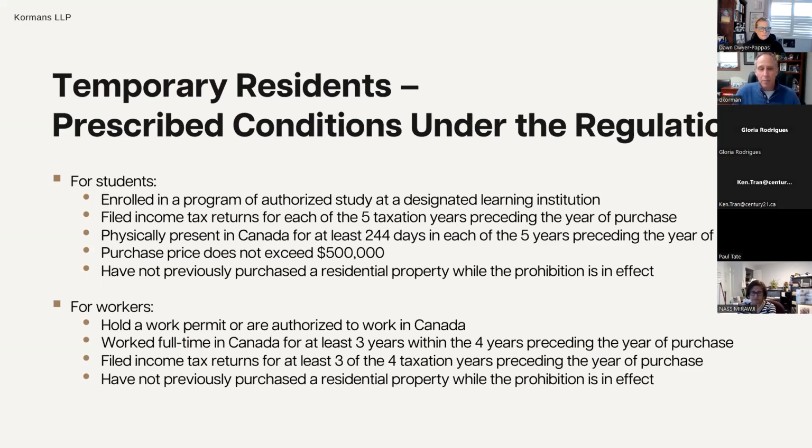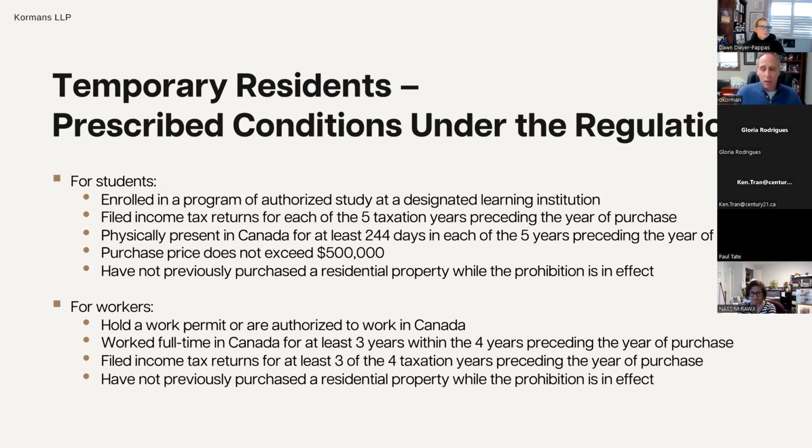Okay, and they've got to be physically present in Canada for at least 244 days in each of those 5 preceding years. And their purchase price can't exceed $500,000. And they cannot have previously purchased residential property while the prohibition is in effect. So I don't know if there's anybody that's ever going to fit all these categories, but we're going to see, because it's a very limited exemption for students.